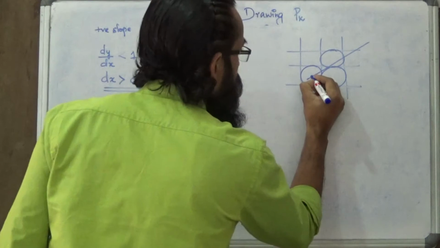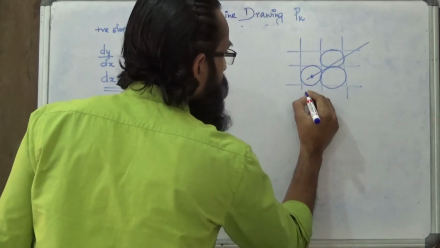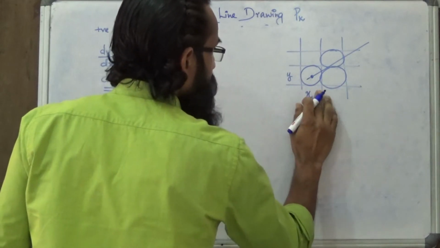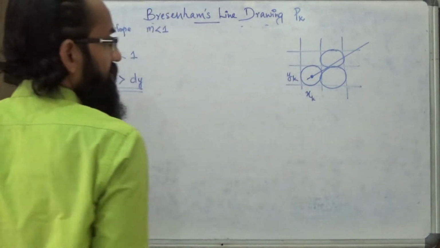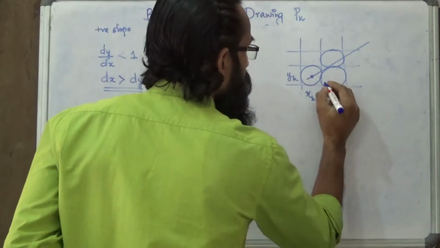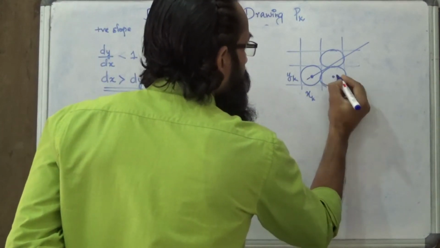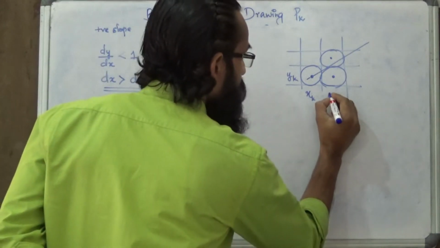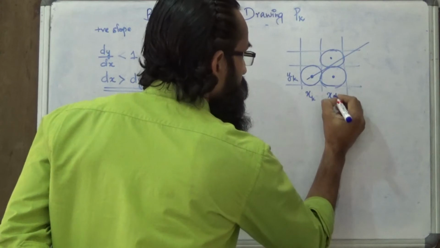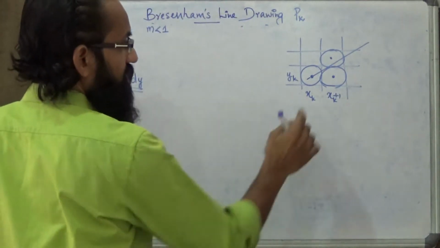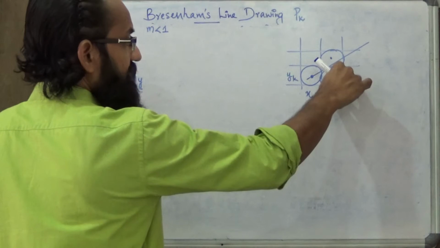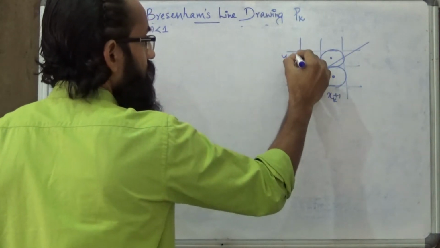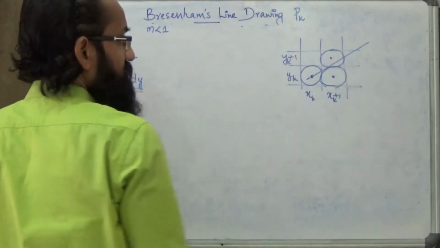So assume that at kth step we have plotted the pixel xk, yk. So this is the pixel. Now at k plus 1 step, the pixel to be plotted will be either xk plus 1, yk or xk plus 1, yk plus 1.